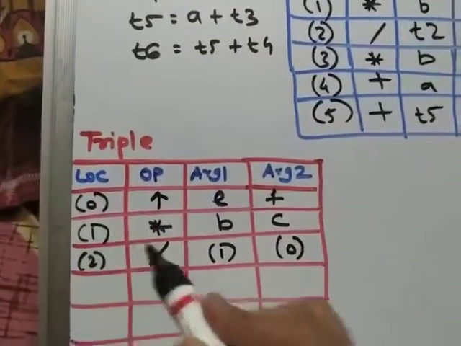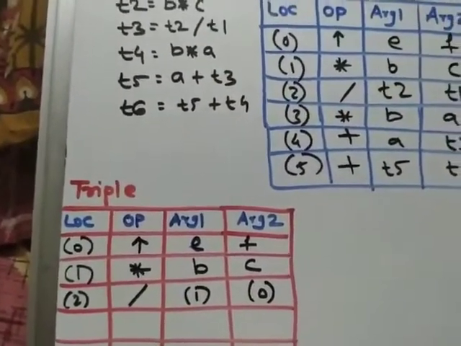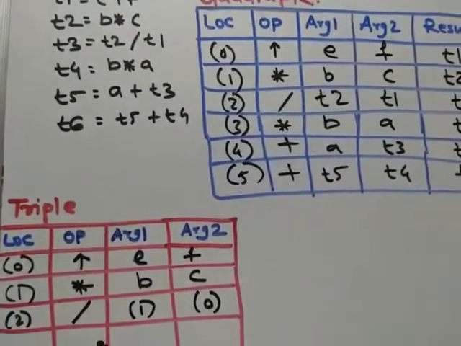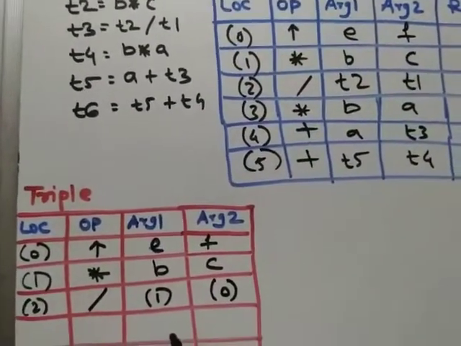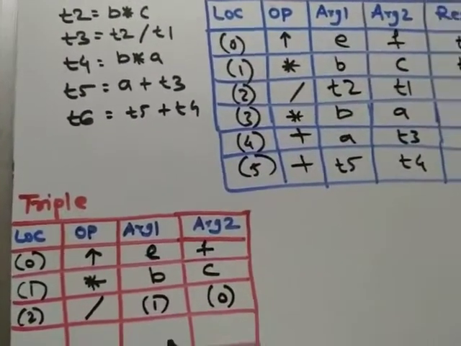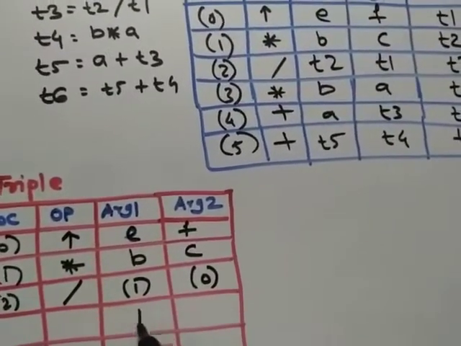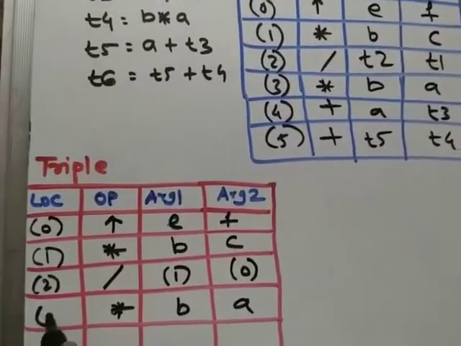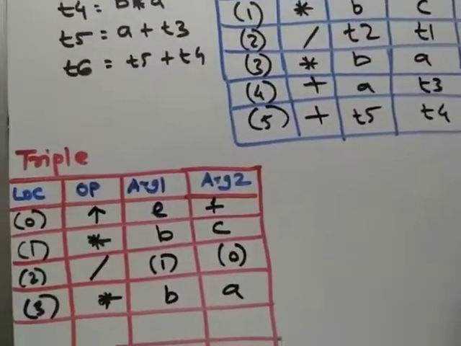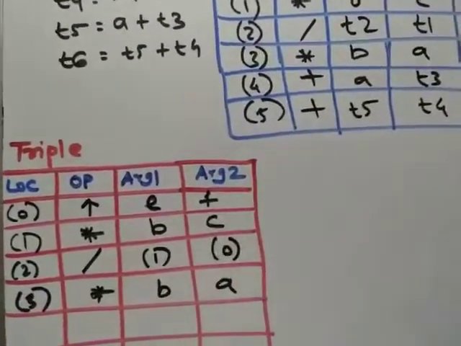This is your next instruction. Next is t4 equal to b star a. So simply write b, a, star, and both are stored at 3. So the third location is written as it is.